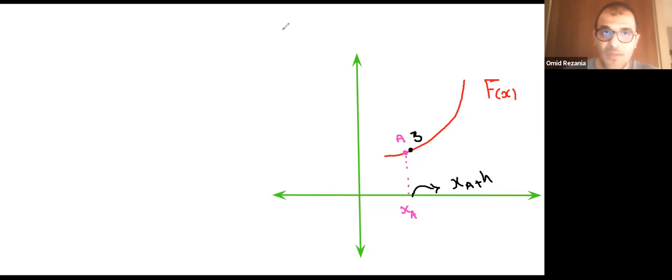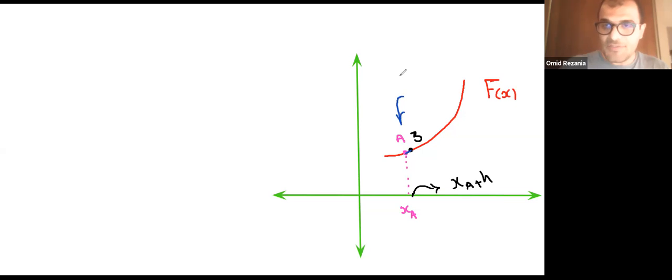Then when you come to draw the line between these 2 points, you see the line is so close to the point A, and they call that the tangent line. Don't go into too much of the terminology. We see that the line which connects them now becomes a little bit different.